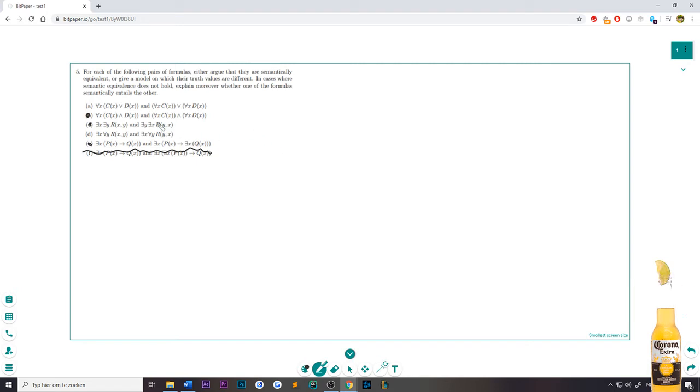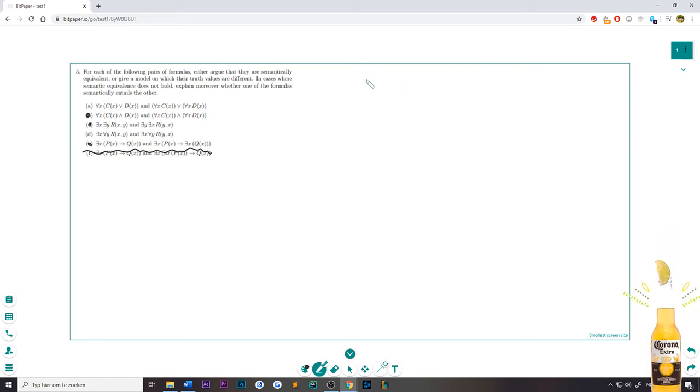So what the first one is saying is that for all x, we have cx or dx, okay? And so cx or dx is just saying something about an object, right? A model is just a description of what your universe may look like.